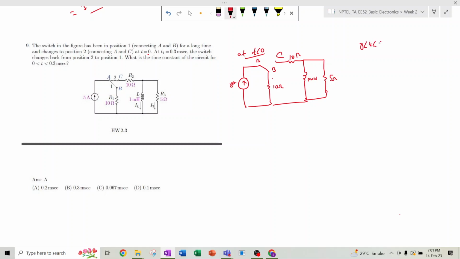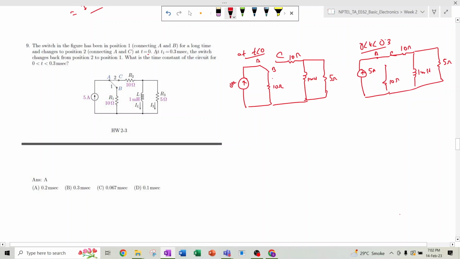And at time 0.3 millisecond, the circuit becomes, this is the 5 ampere. So this A is now connected to C and B is not connected, and it is 10 ohm, it is 1 millihenry, and it is 5 ohm.